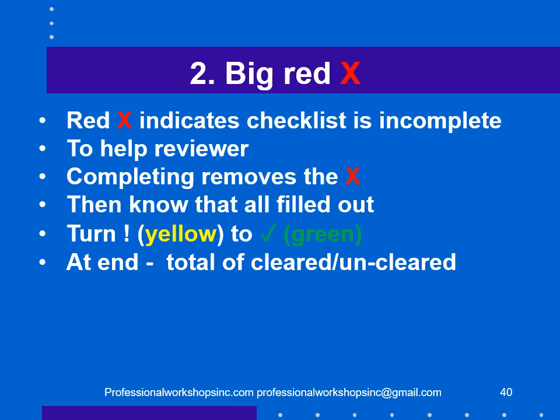You now know that every section on this checklist has been filled out, and completing it removes the big red X. So that's the advantage of the big red X, it saves you a bit of time. And each step has a yellow exclamation point that turns to a green tick when it's completed. And at the end there's a total of cleared and uncleared steps.